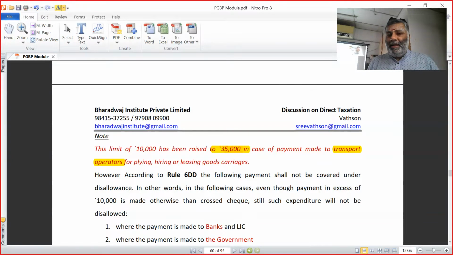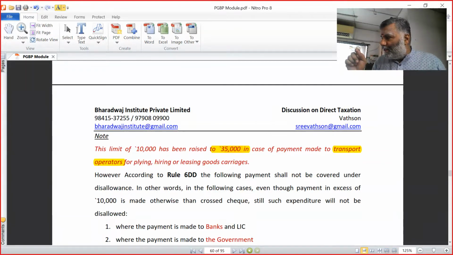In the later part of the class today, probably we will be studying a section called 44AE. They have presumptive computation of taxes. If a resident transporter, understand first, then we can take down.